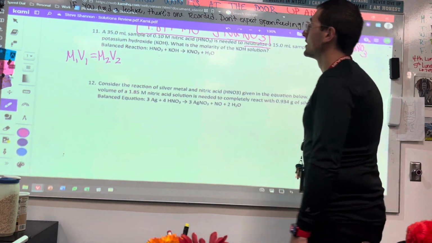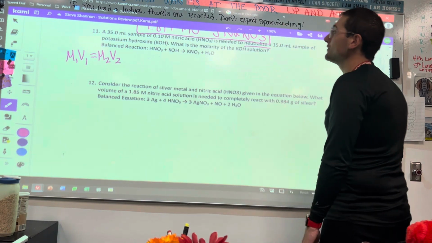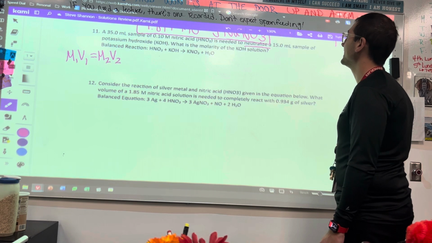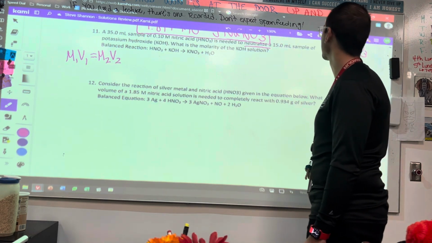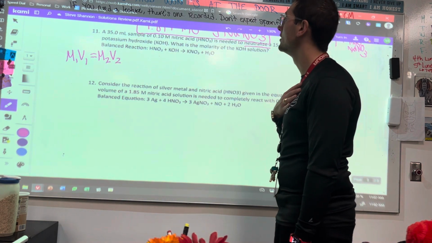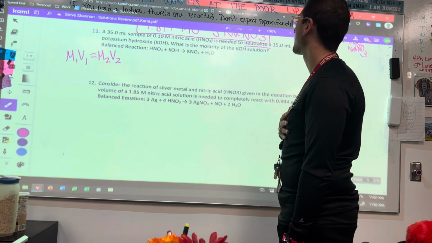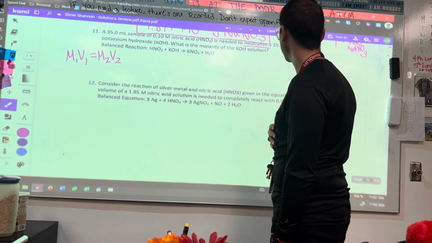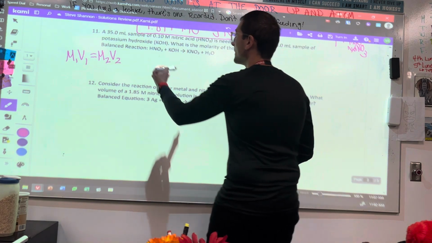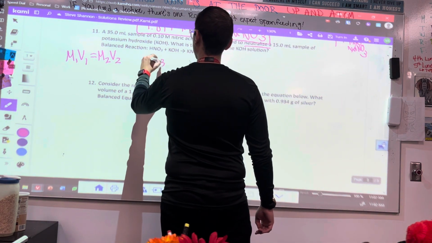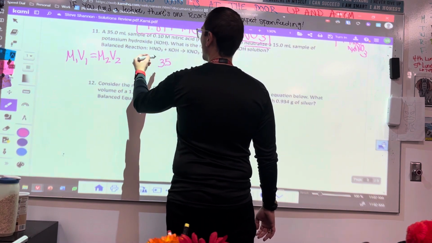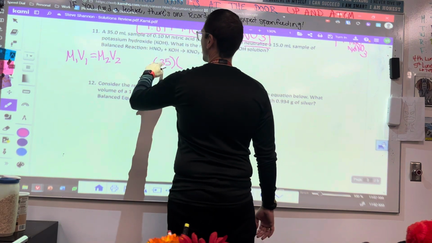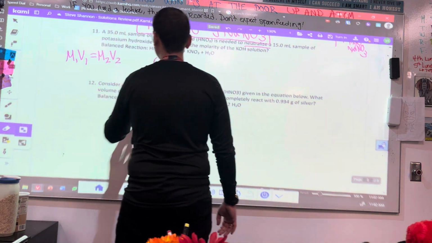So now we just fill in our variables. A 35 milliliter sample of 0.10 nitric acid is needed to neutralize a 15 milliliter sample of potassium hydroxide. What is the molarity of the potassium hydroxide solution? So I'm going to do the nitric acid solution on one end. That's 35 milliliters. Sorry, that's the V. Let me line those up for you.